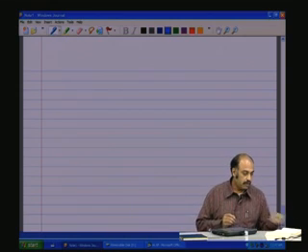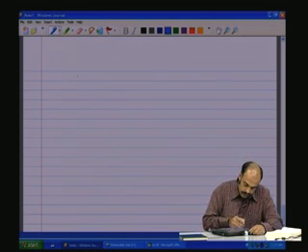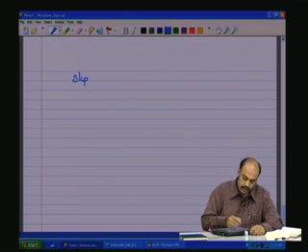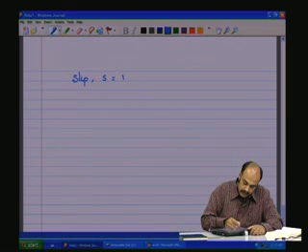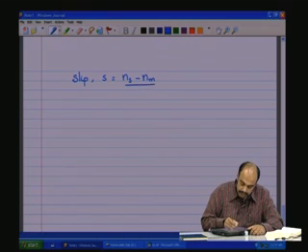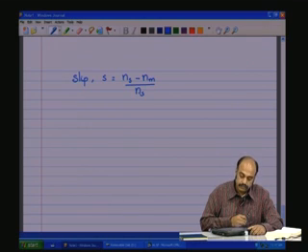Now we have also defined the slip. The slip, which is S, is given by Ns minus Nm, that is the rotor mechanical speed, divided by Ns.